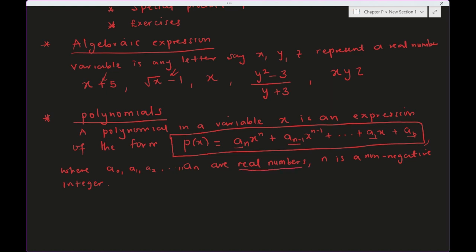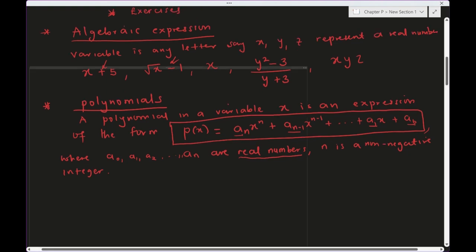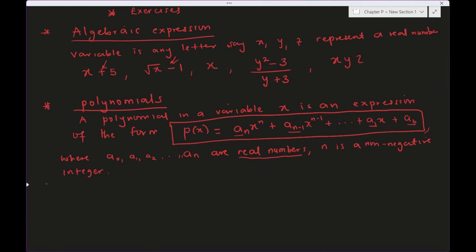So real numbers, it means they could be rational, they could be irrational, there could be whole numbers, there could be integers, there could be natural numbers. So all the numbers that we discussed before under the category of real numbers. So the a's can be any of those numbers. And in general, we have a name for them. Take notes.